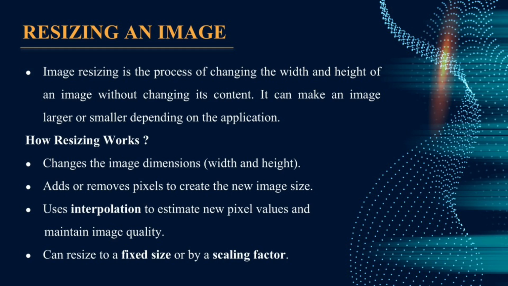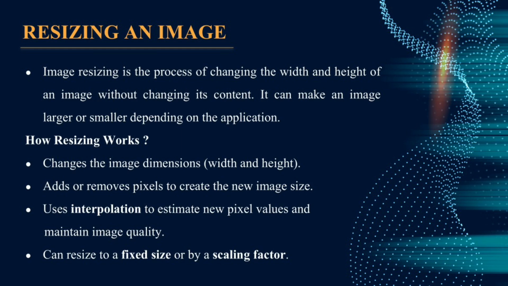Now, let's see about resizing an image. Image resizing means changing the width and height of an image without changing what is actually inside it. We can either make the image larger or smaller depending on our application. How does resizing work? When we resize an image, the computer changes the dimensions by adding or removing pixels.